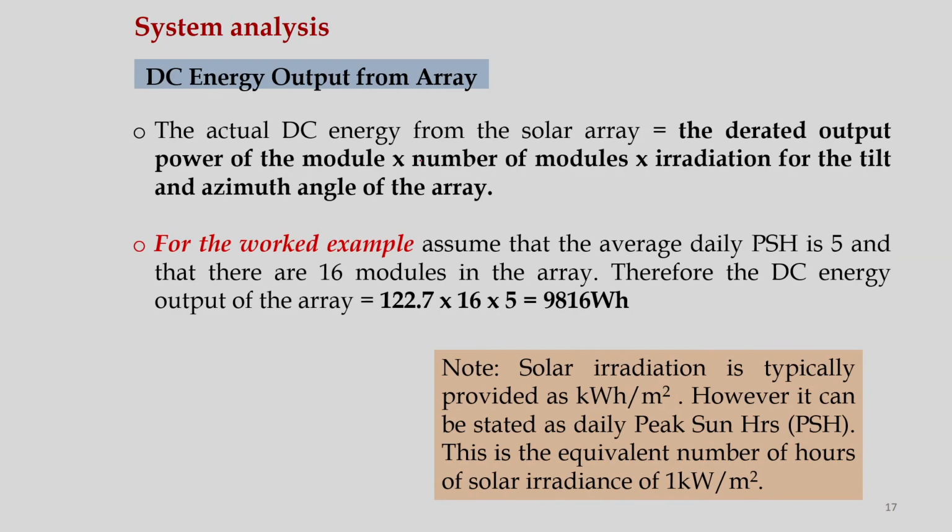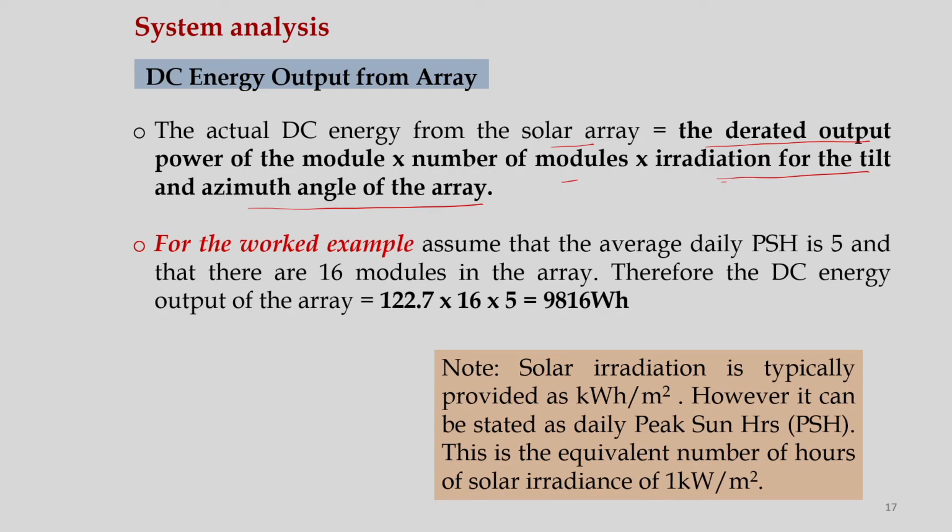So, the actual DC energy from the solar array is equal to the derated output power of the module, multiplied by the total number of modules, then multiplied by the irradiation for the tilt and azimuth angle of the array.